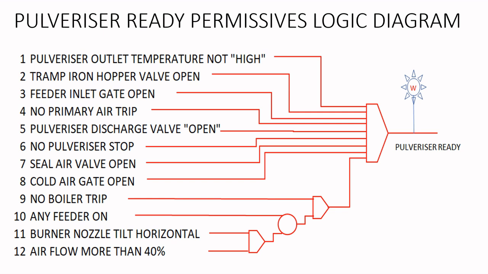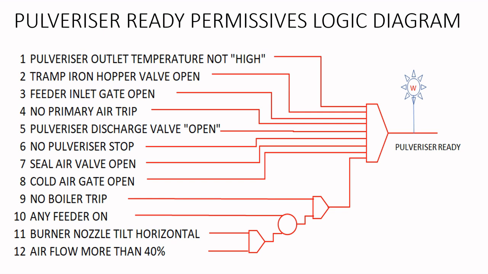The rest of the conditions are: pulverizer outlet temperature not high, tramp iron hopper wall open, feeder inlet gate open, no primary air trip command, pulverizer discharge wall open, no pulverizer stop command from local, sea layer wall open, and cold air gate also open. So all these commands will give you the indication that the pulverizer is ready. So this is the logic diagram for that.